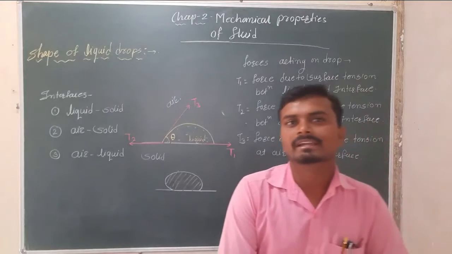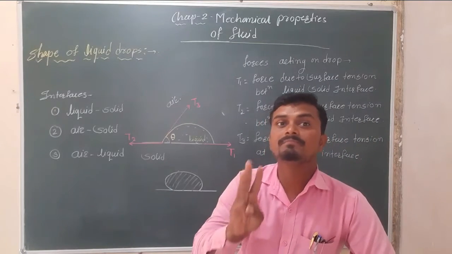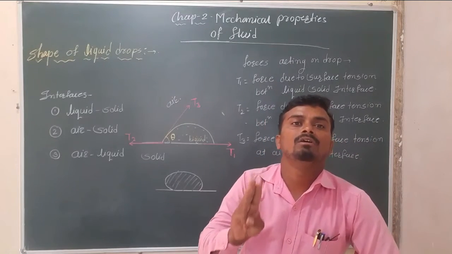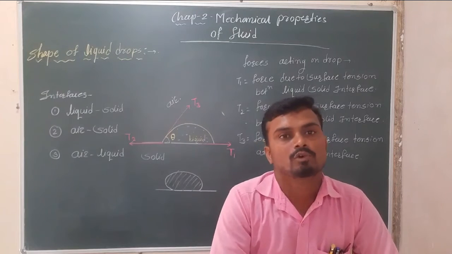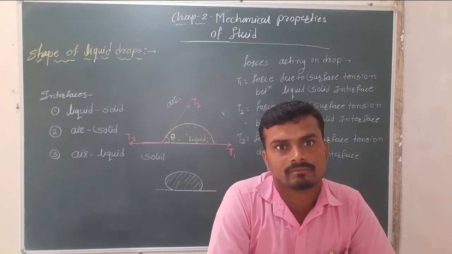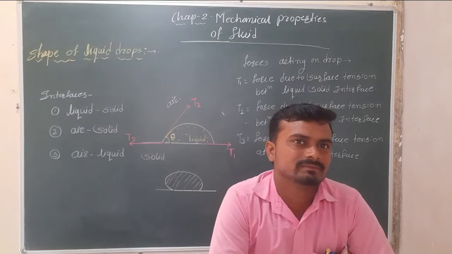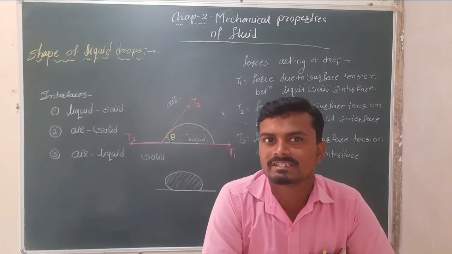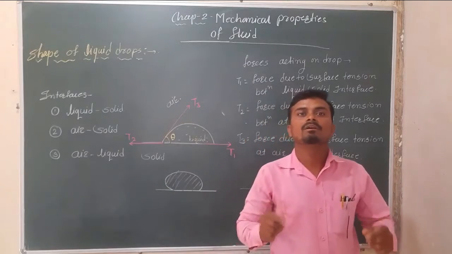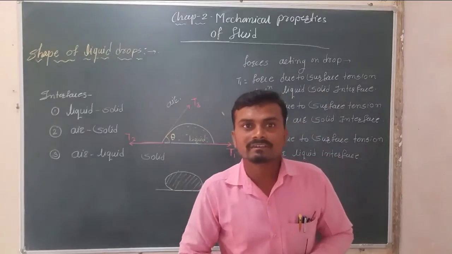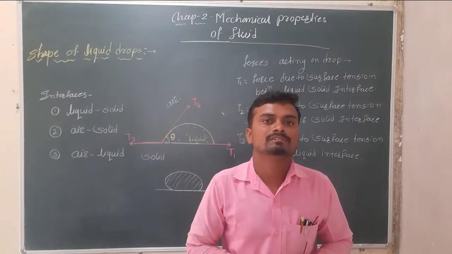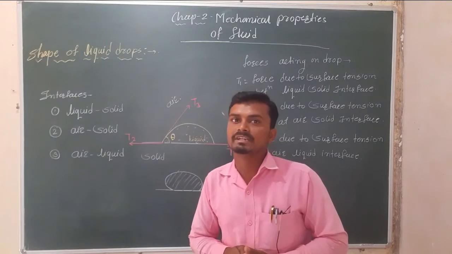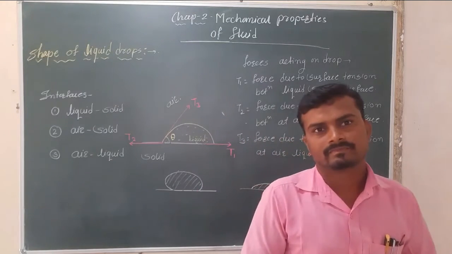Due to those three interfaces, there are three forces acting on the liquid molecule because of surface tension. We know that due to the surface tension, there is a force acting on the liquid surface, and that force is tangential to the interface or to the surface.